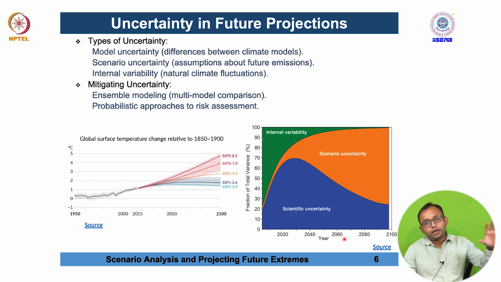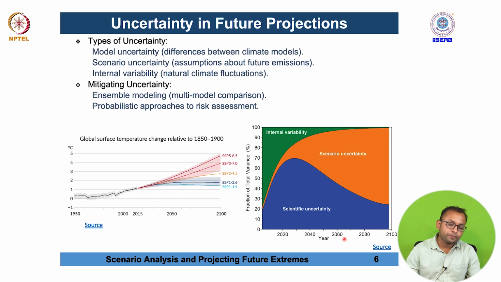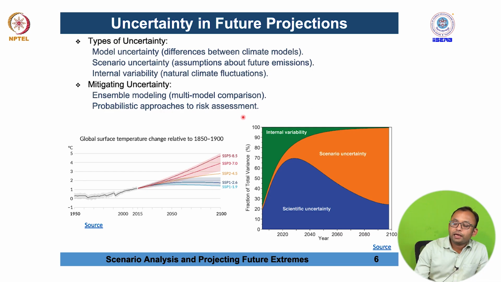Now, we know the scenarios and what kind of modeling framework we can use. When we are talking about climatic extremes or projecting future extremes in future scenarios, there are uncertainties which can be generated. What are those uncertainties? Primarily they can be divided into three parts. One is called model uncertainty, which is the difference between climate models.